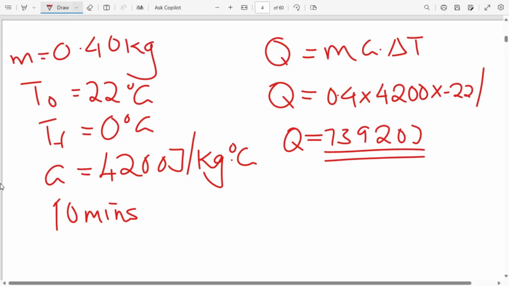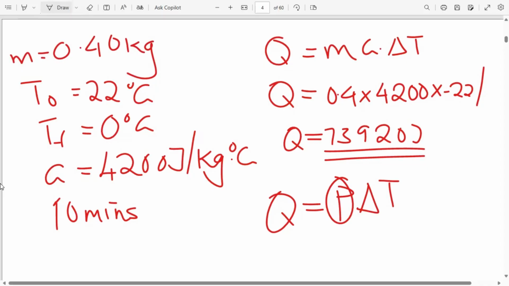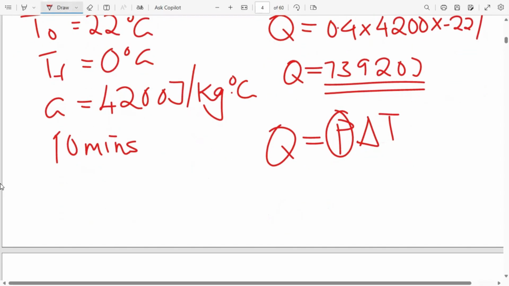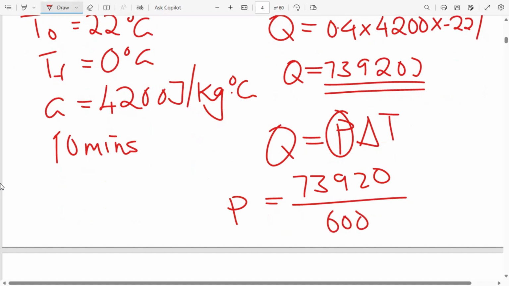Then the rate at which this energy is being lost, we know Q is equal to P multiplied by change in T, so we are looking for P here. P will be equal to Q divided by t. The Q is 73,920 over the time. Time is 10 minutes, which we convert into seconds to get 600 seconds.